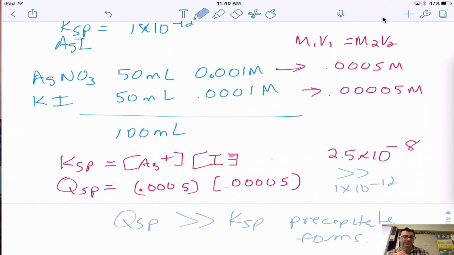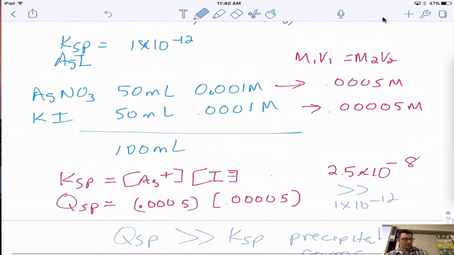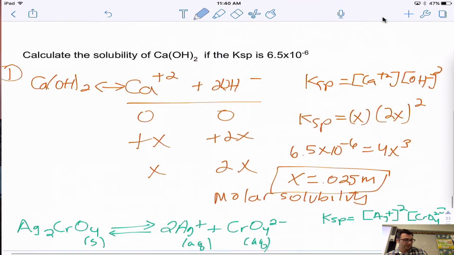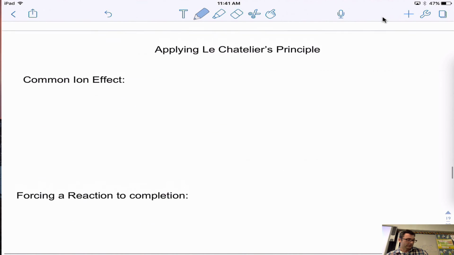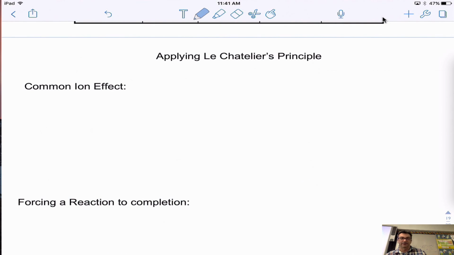Now we'll practice more of these in class, and I'll put up a sample of a common ion one and a Qsp versus Ksp for homework to do along with watching the video. Now one last thing that I want to cover in the last 2 minutes or so is going back to Le Chatelier's principle, common ion effect.